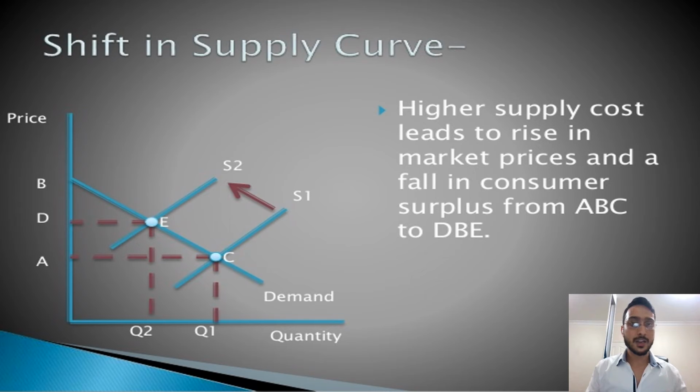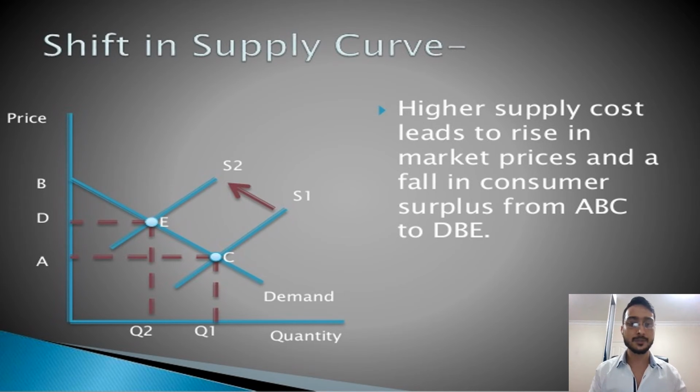Okay, so a change in demand leads to a change in supply as well, which causes an imbalance in the market that is basically corrected by changing prices and demand. An increase in supply shifts the supply curve to the right, while a decrease in supply shifts the supply curve to the left.